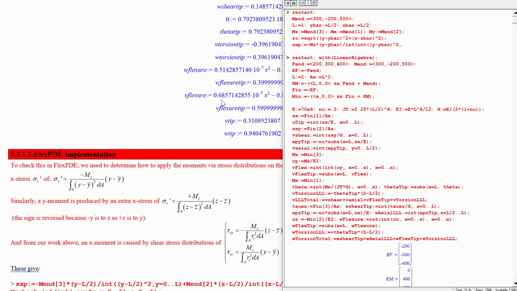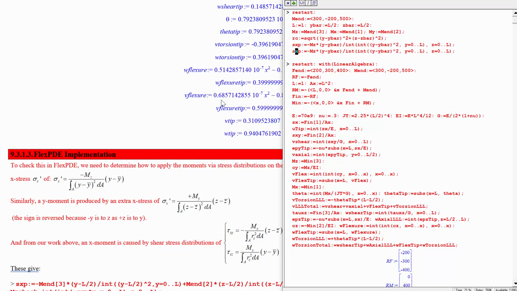We're going to integrate that from y is 0 to L and z is 0 to L. Okay, wait, this is Sx prime to put in for MZ. This is Sx prime for MY.